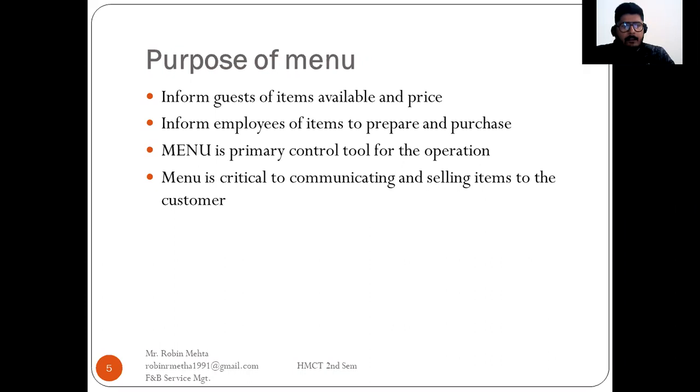At the end, we cross-check what material was issued from the store, what material was prepared in the kitchen, and how much amount we took from the guest, which is checked by the cashier. So that will be the audit we do at the end from the three sides. That helps us control the operation process also. So this is again one of the very important purposes of preparing the menu.